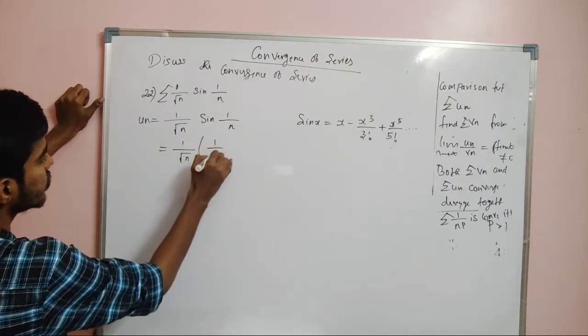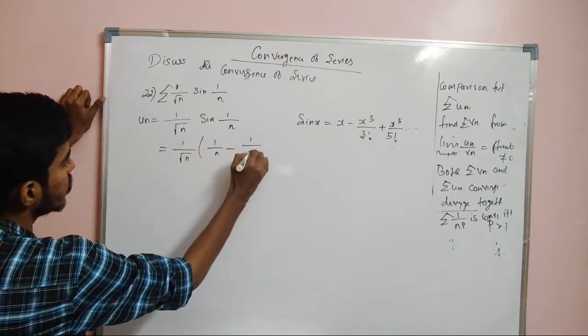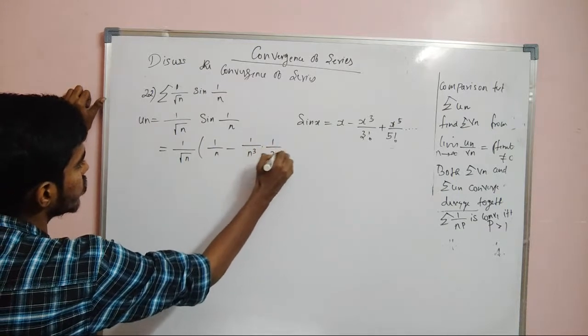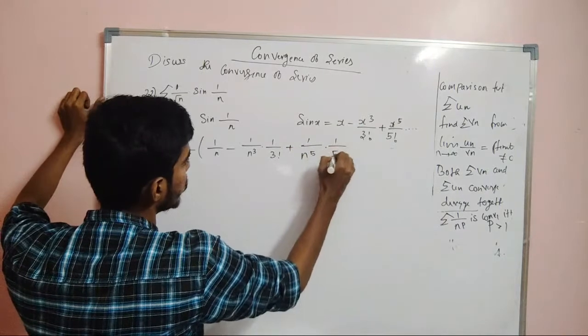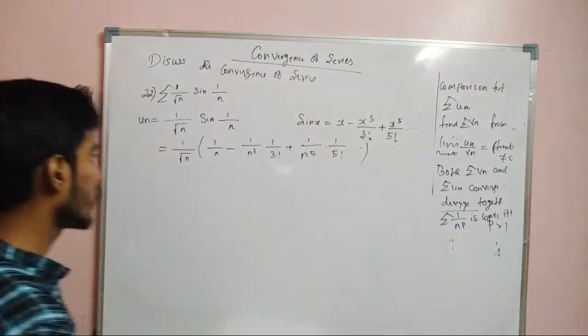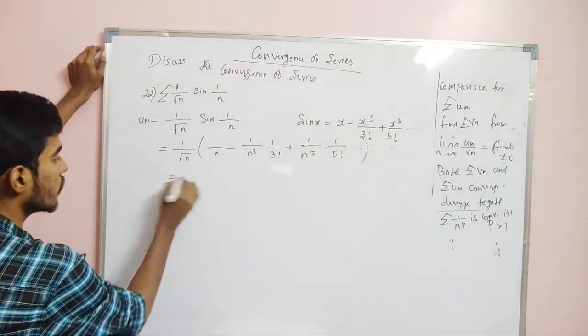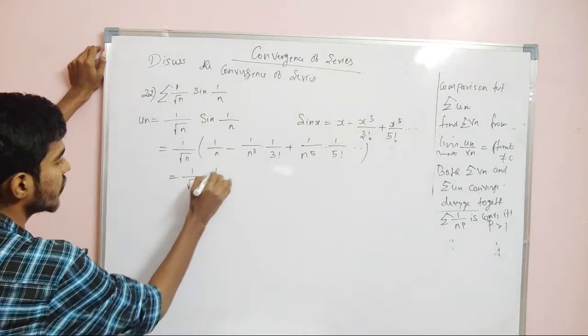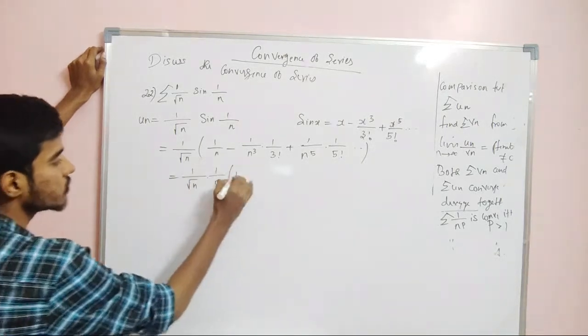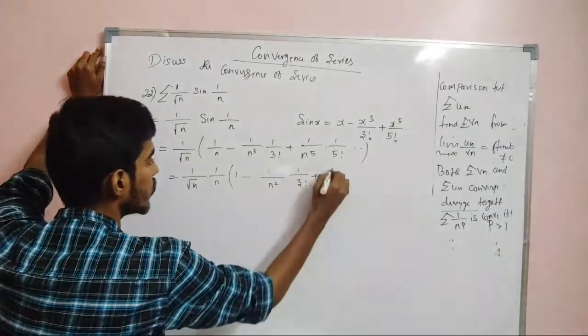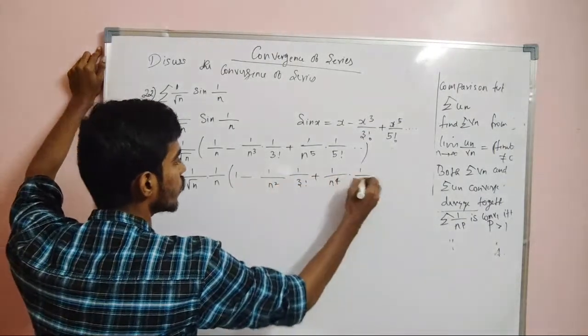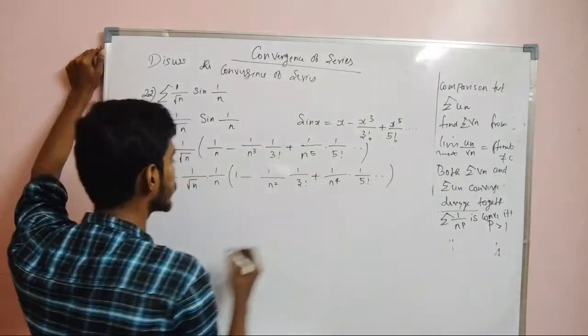So it is nothing but 1 by n minus 1 by n cube into 1 by 3 factorial plus 1 by n power 5 into 1 by 5 factorial and so on. Now again you take 1 by n outside. So this will be 1 minus 1 by n square into 1 by 3 factorial plus 1 by n power 4 into 1 by 5 factorial and so on.